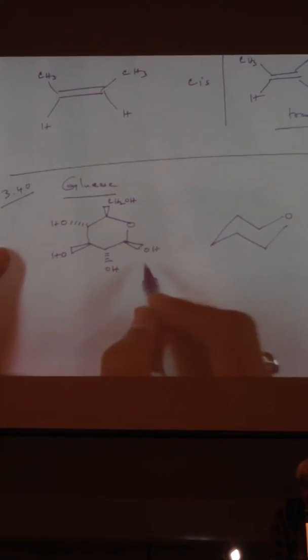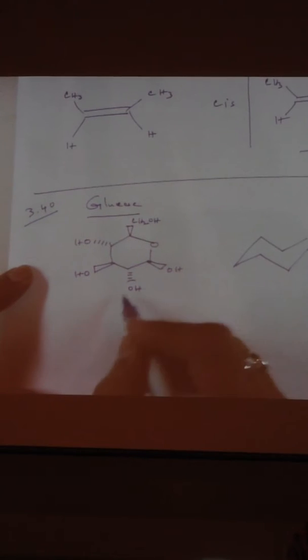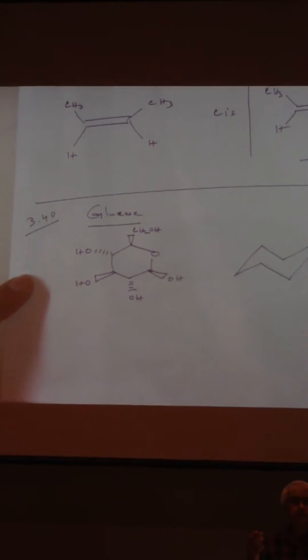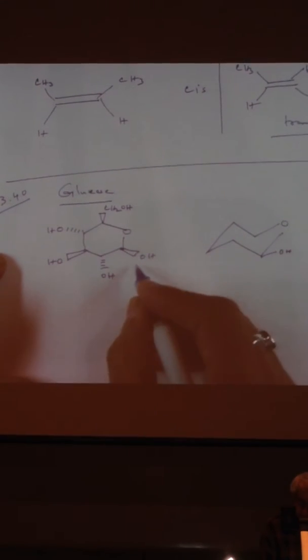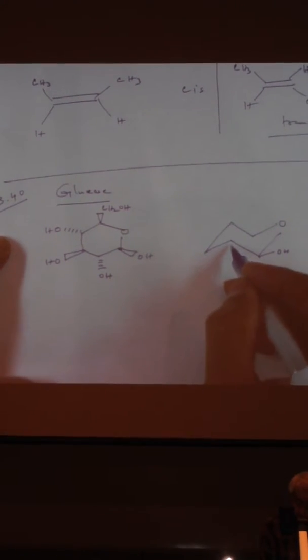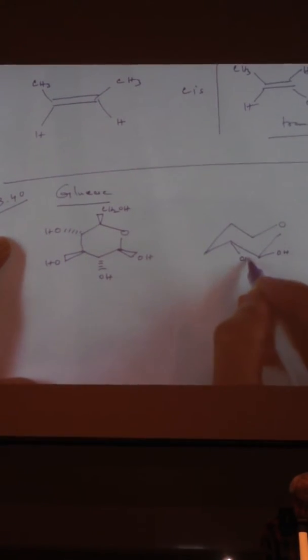The relationship between this OH and this OH is trans, right? One up, one down. Since it's trans, and we know trans diaxial is much higher energy than trans diequatorial, let's start with equatorial. We put this as equatorial OH, and then the other one would also be equatorial.